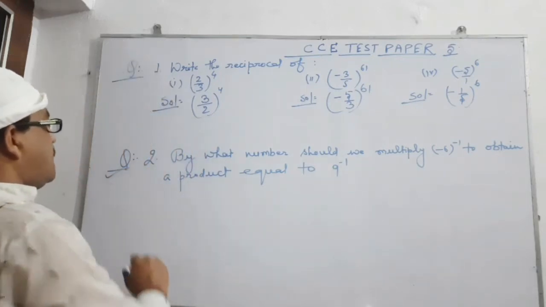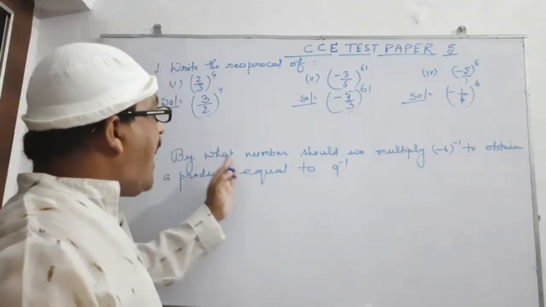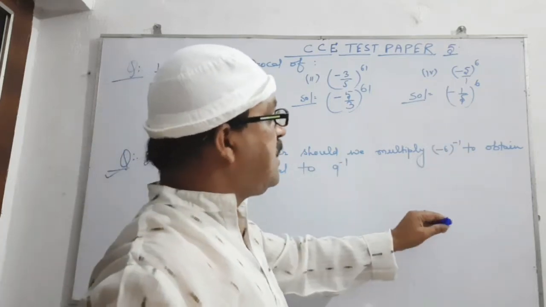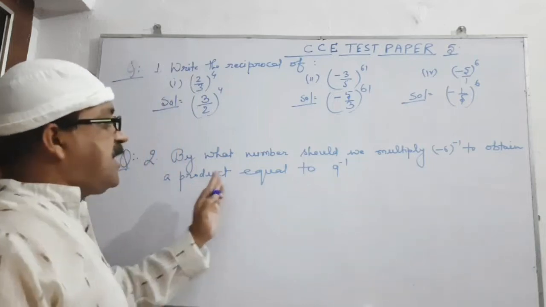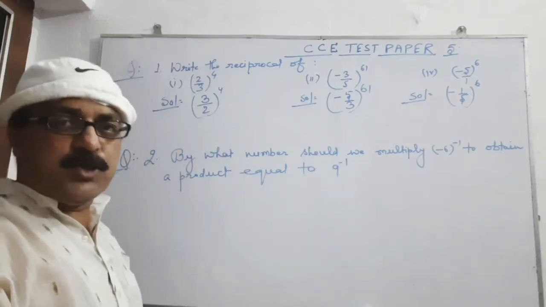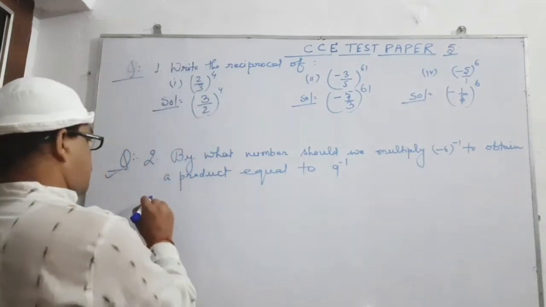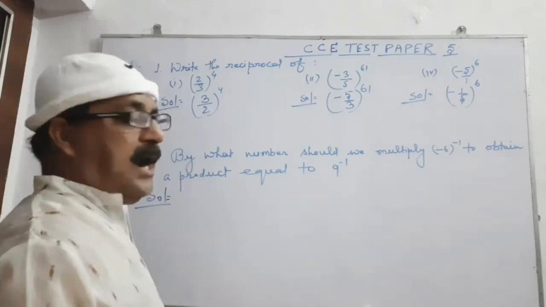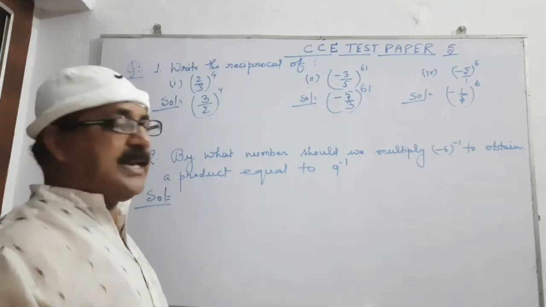In the next question, question number 2: by what number should we multiply minus 6 to the power minus 1 to obtain a product equal to 9 to the power minus 1? As all these questions are very easy, I will solve them for your clear concepts.